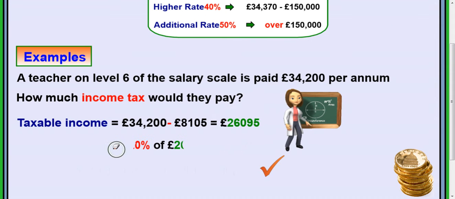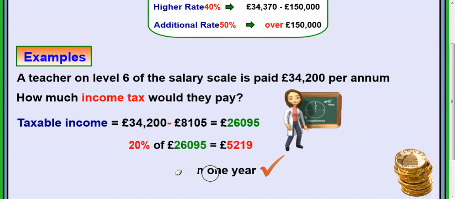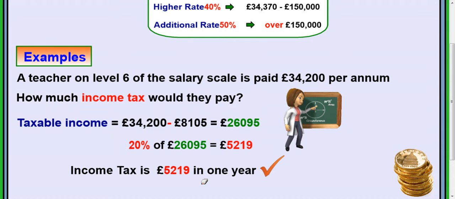So to work that out, 20% of 26,095, you can either divide by 5 because 20% is a fifth, or divide by 100 and multiply by 20, like we did in the last lesson, or do 20 divided by 100 multiplied by this. But that comes out to be £5,219. And that's your answer. That's what the income tax is in 1 year.